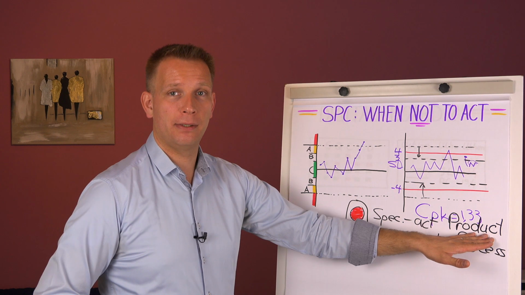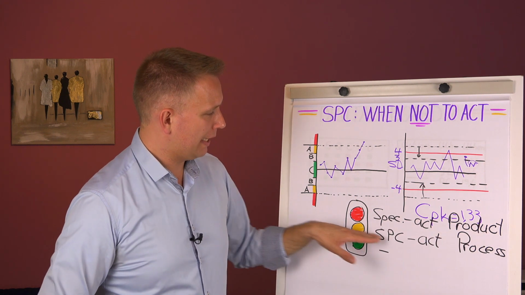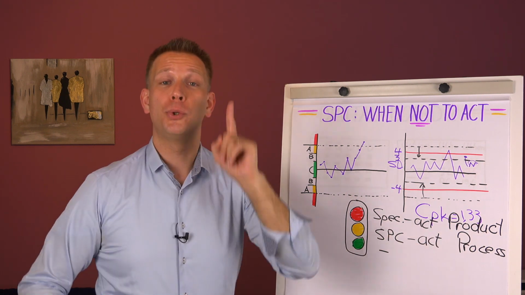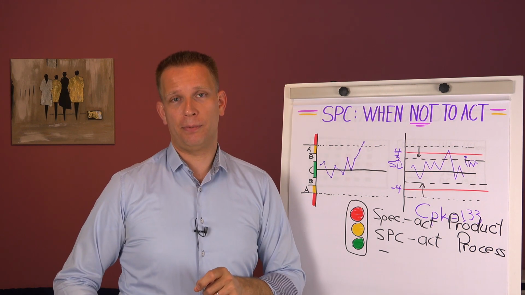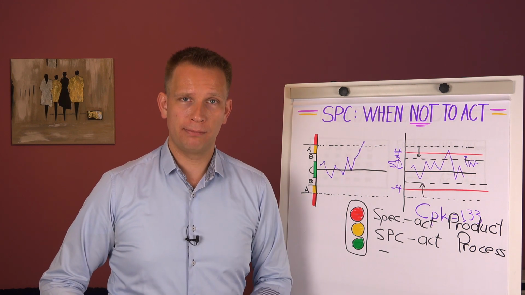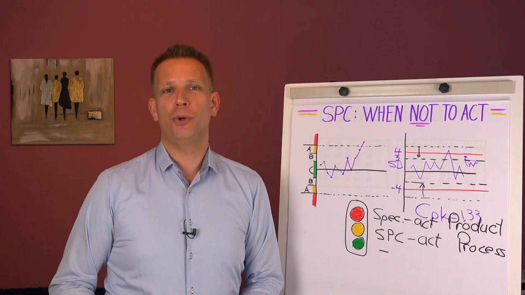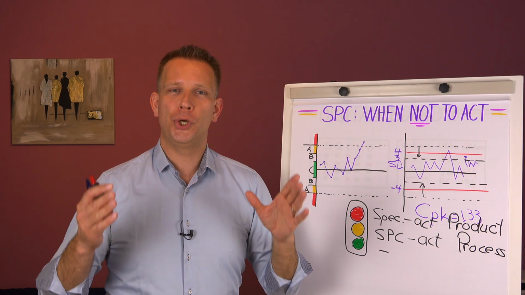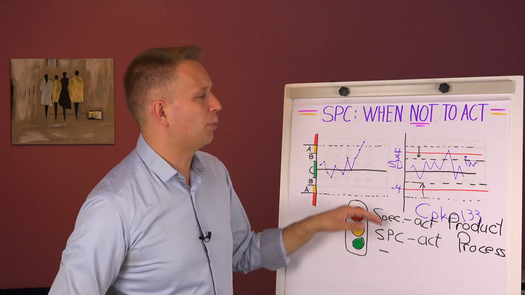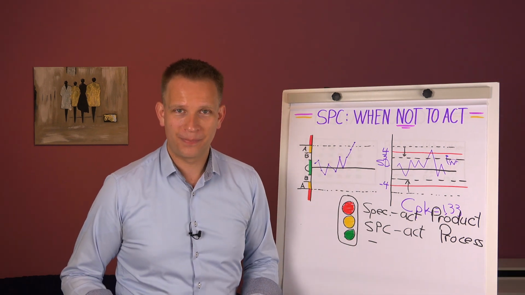But something needs to be done with the product. Here, only the process. But you do have to do something with the process. Even though the product is good, product will go to the next step in the process line. You have to act on your process, because if you don't, it will drift even further and it will become red, and that's not what we want.